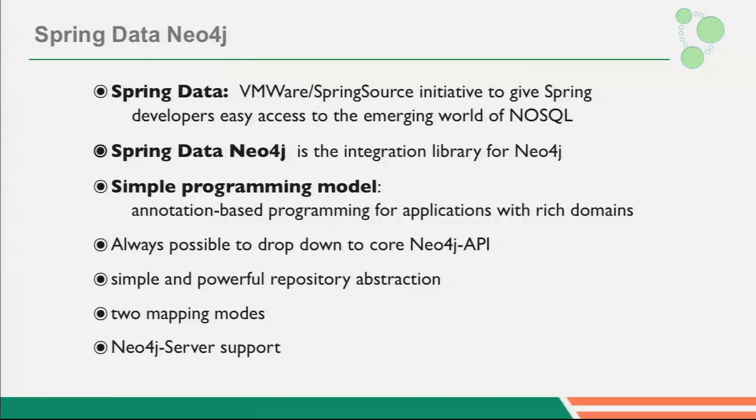So it's always possible to drop down to lower level operations that are beyond the object graph mapping, and also to core operations of the Neo4j API, because after all, introducing indirections like an object graph mapper always costs performance. So if you don't need the niceness and convenience of the automatic mapping, but you need the ultimate performance, then it allows you to drop down to the core APIs.